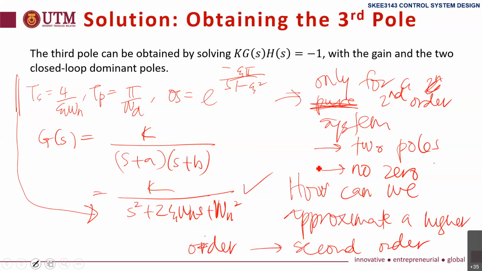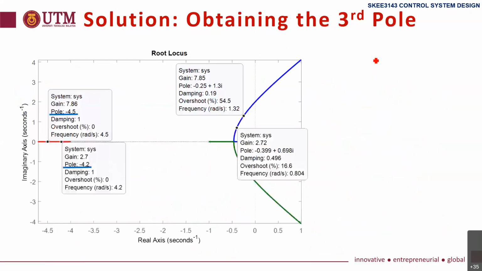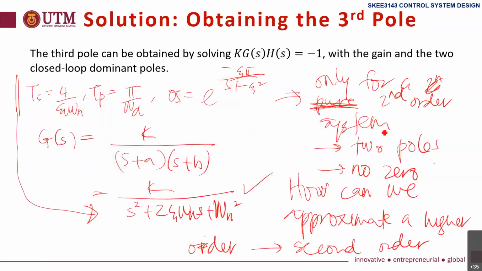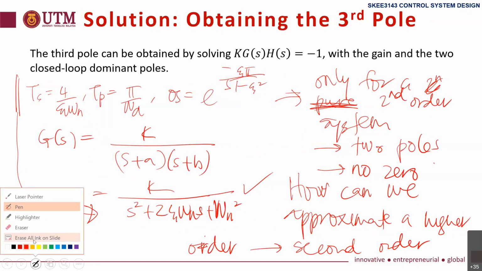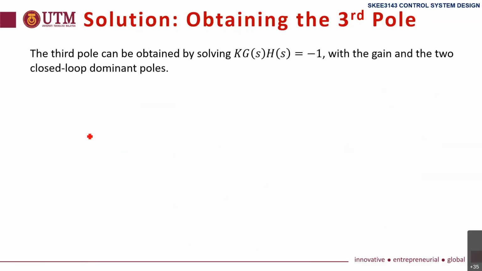I will erase all this. Let's discuss when we have third order, when we have 3 poles, 2 complex poles and 1 pole on the real axis.